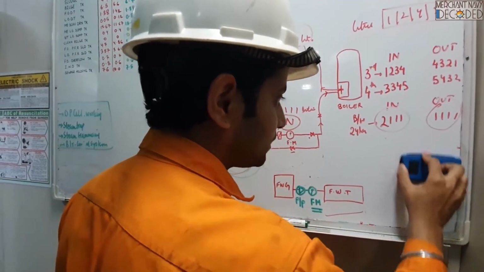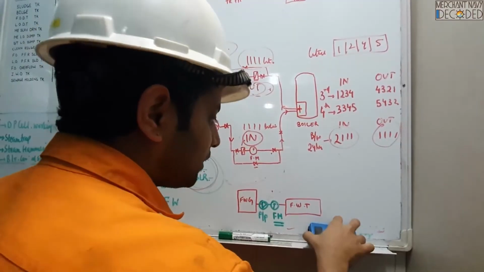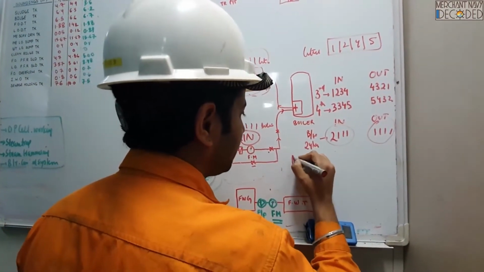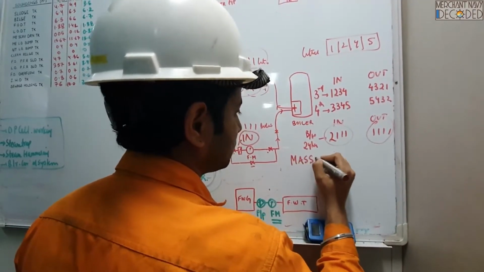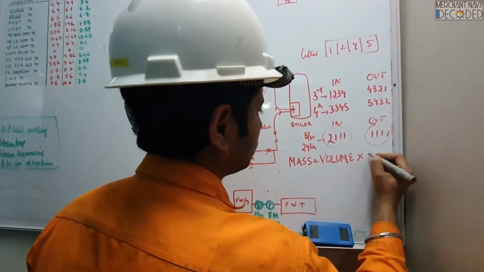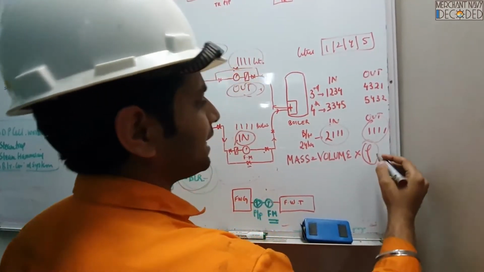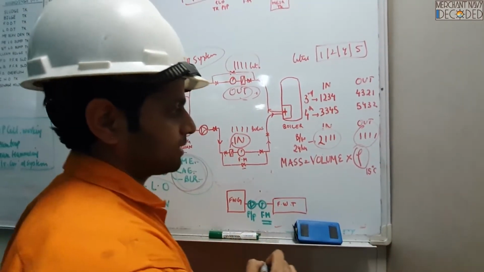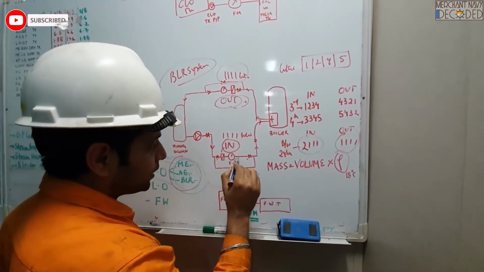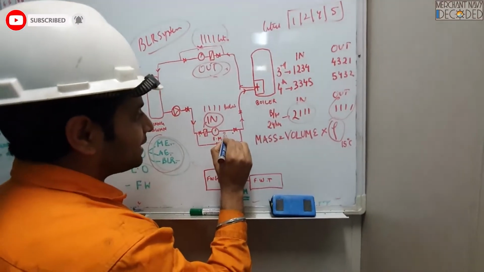Sometimes, guys, what happens is, there is one thing that I did not talk about that I am going to talk about now. When I talk about mass, I talk about volume into density. Now, density I have taken at 15 degrees centigrade, right? But the volume which is flowing, the temperature is 80 degrees centigrade, right?